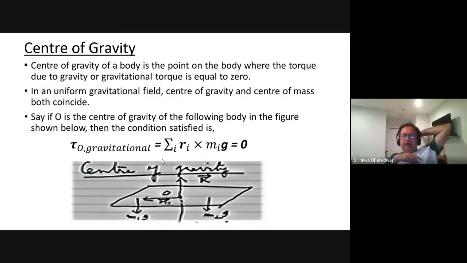Like that, there is this term called the center of gravity. The center of gravity is usually the same as the center of mass because gravity is uniform. But if you were not in a uniform gravitational field, then they will not coincide. This is very rarely the case.